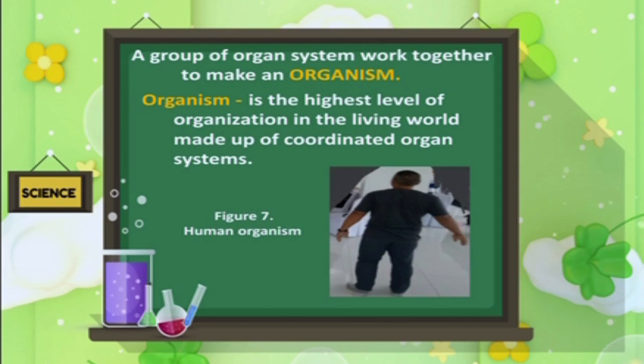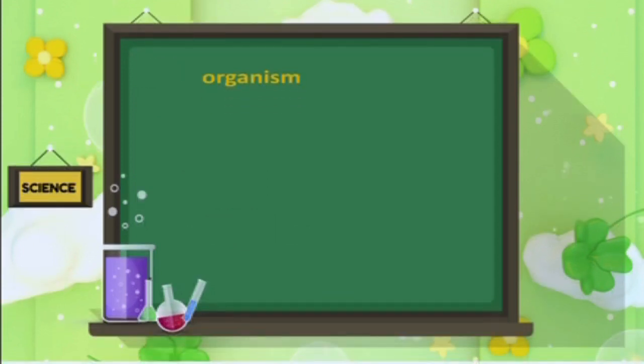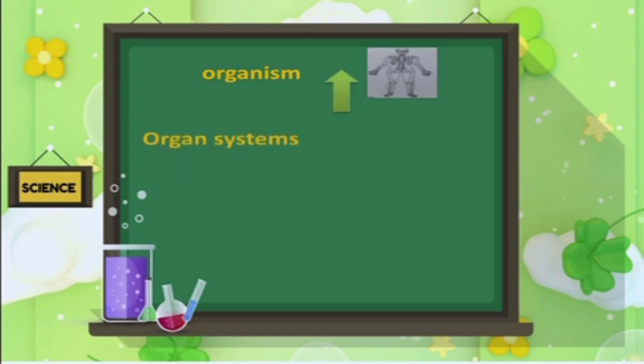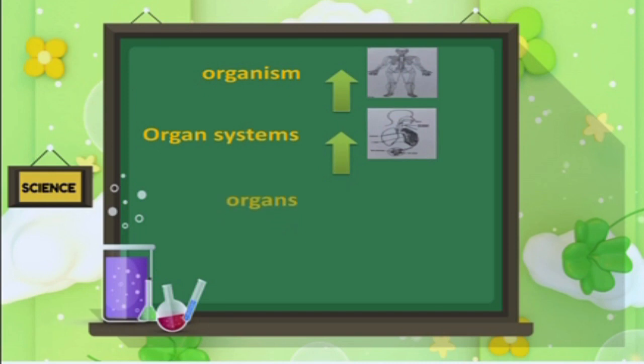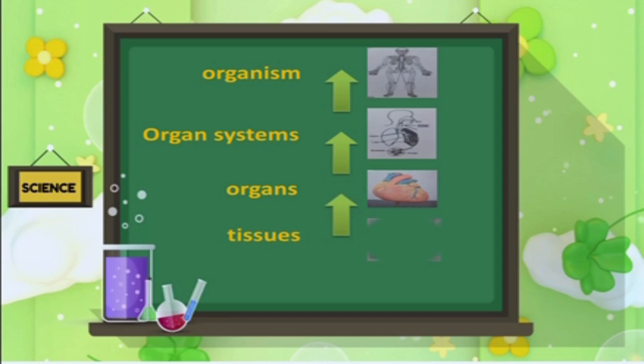In short, an organism is made up of coordinated organ systems. Each organ system is made up of organs. Each organ is made up of similar tissues, and each tissue is made up of similar cells. This is how one organism is made.